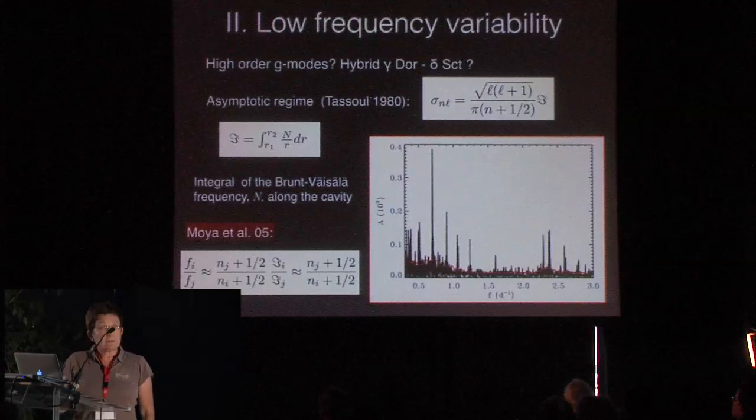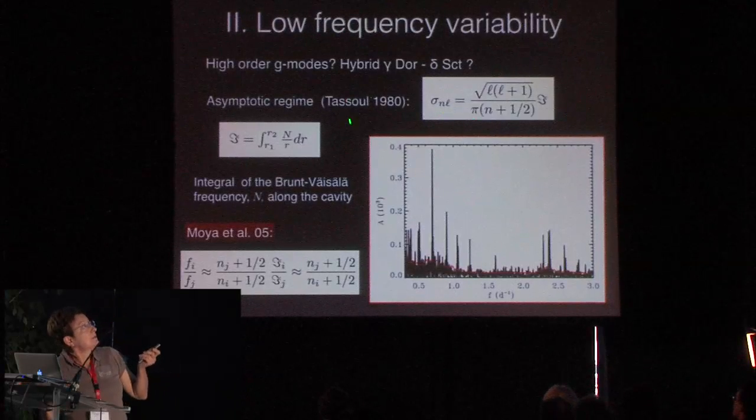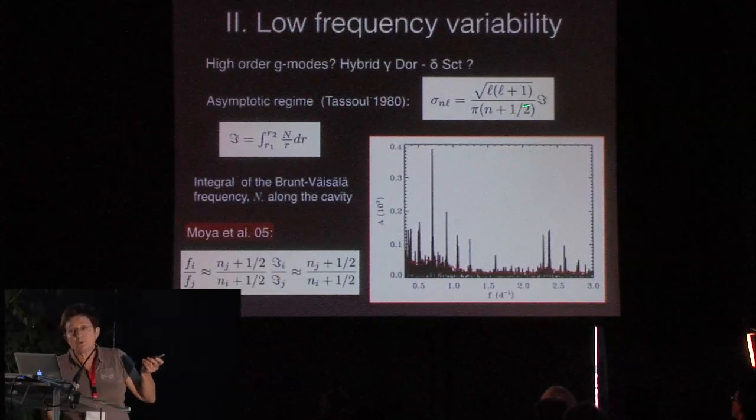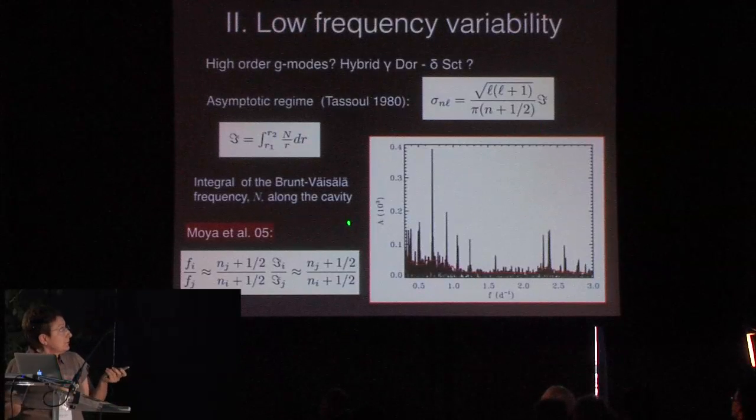And if this applies, then you have this classical relation, because you are in the asymptotic regime, between the frequency, the spherical degree, and the order of the mode, and the integral of the Brunt-Väisälä frequency in the cavity.